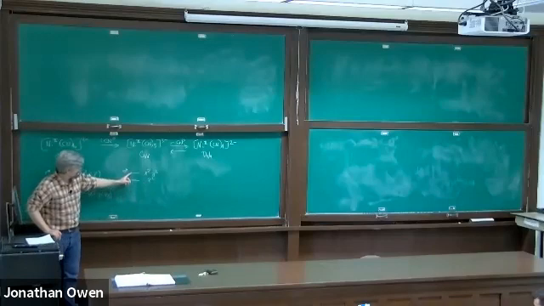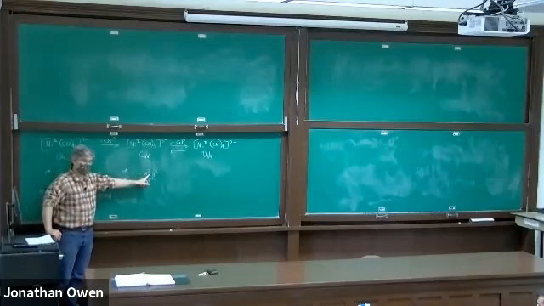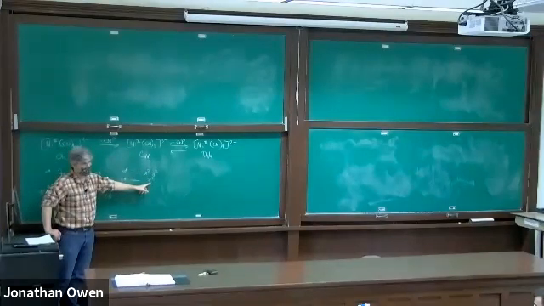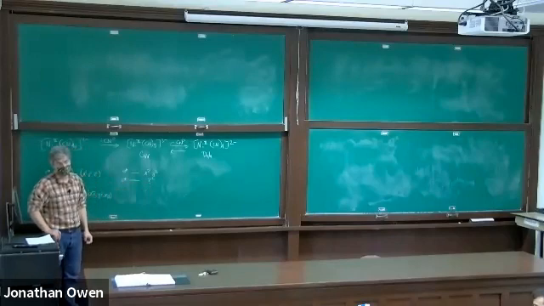So both of these are Z squared. How many ligands are bonded to X squared minus Y squared? How many ligands are bonded to Z squared? 5. We have 5 ligands total, right?